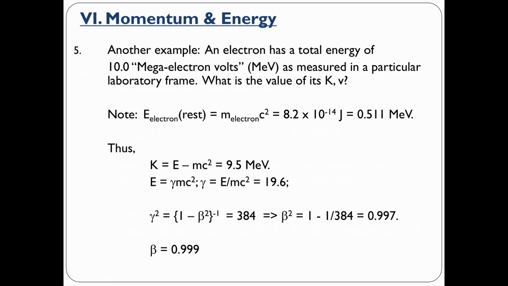The higher the value of gamma, the closer and closer you get to the speed of light. You'll never get there, but you'll get asymptotically close. To accelerate something that has mass to the speed of light would take an infinite amount of energy. It would require an infinite impulse to change the momentum that much. It's physically impossible.